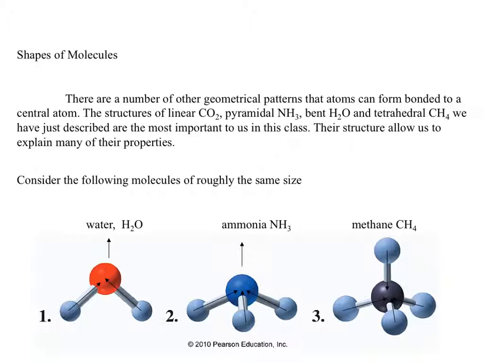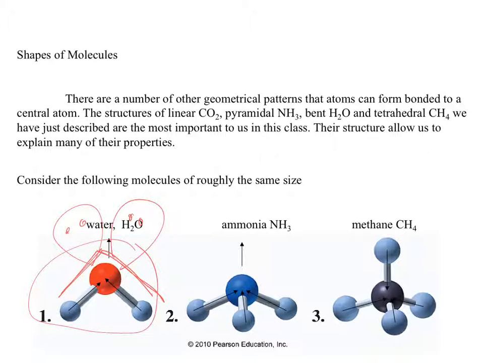So water, again, if you look at this here, this is the actual molecular model of it if you were to get a model kit and put it together. And again, it has this bent shape because even though the model doesn't depict it, you have to imagine and realize there's two lone pairs of electrons around the top here.